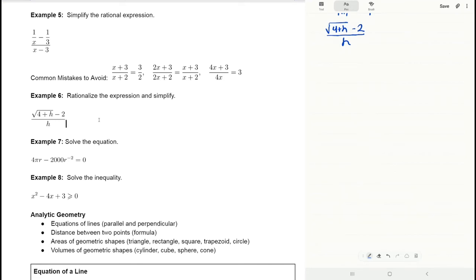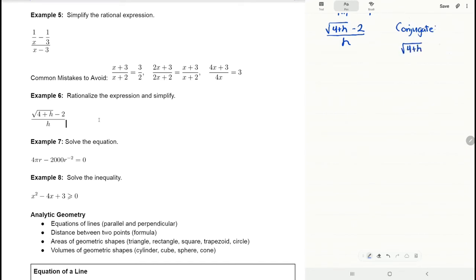And so to rationalize the expression, we want to look at using the conjugate. So the conjugate of the square root of 4 plus h minus 2 is going to be the same values.